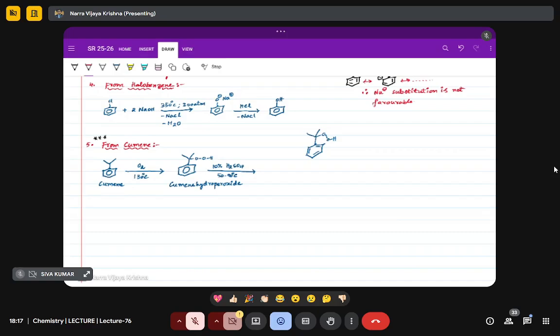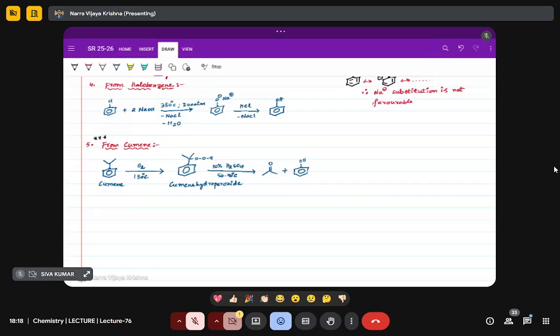I am doing that rearrangement. Make this bond shift here, and this bond shift here. What do you get now? Acetone plus phenol. Very, very important reaction: preparation of phenol from cumene.